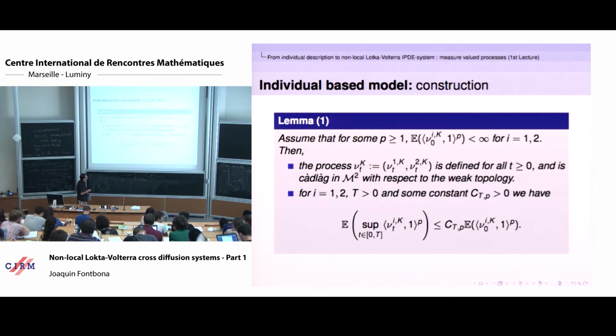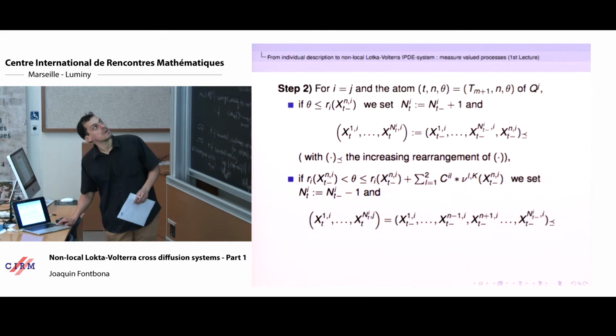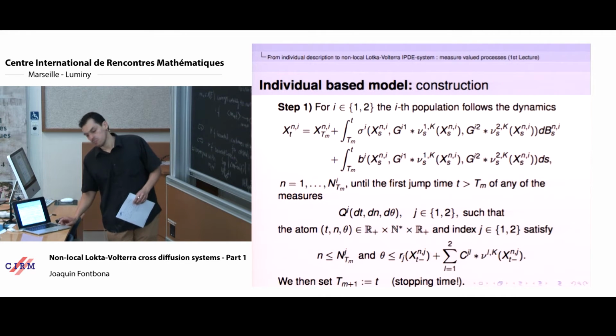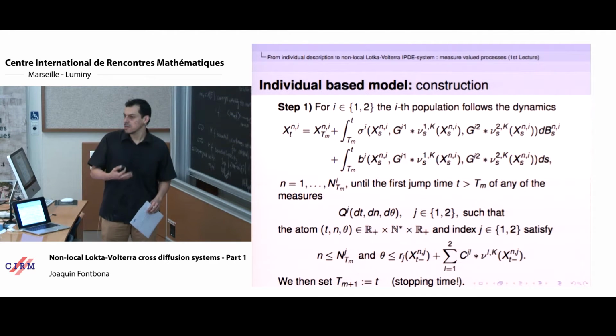And once you have this, it's easy to derive the first property. Because the rate at which jumps occur is bounded, if the population is finite, by R bar plus the convolution with these measures.